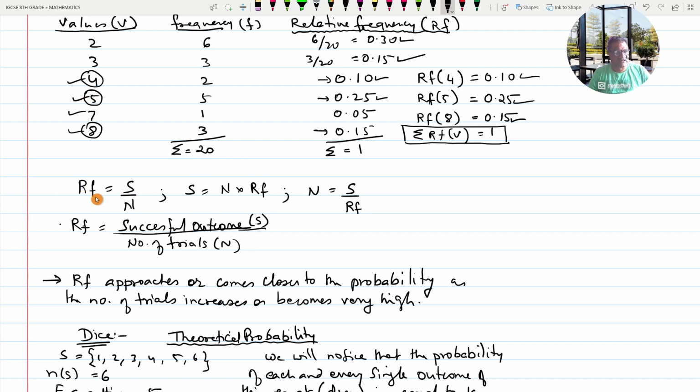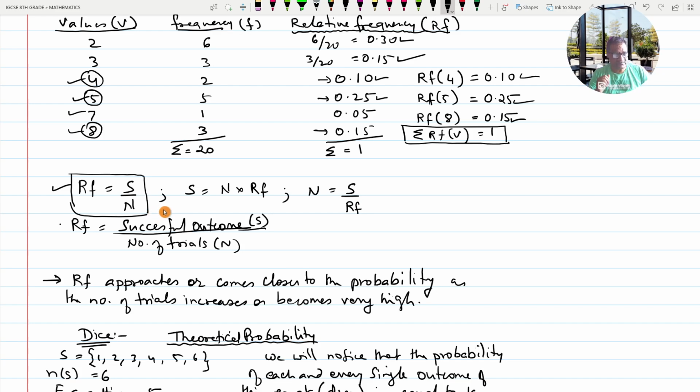So relative frequency is equal to S upon N. Now this is a formula that you should try to understand. Now don't worry about what is this S and N; you should know what I actually mean when I say S, and N.